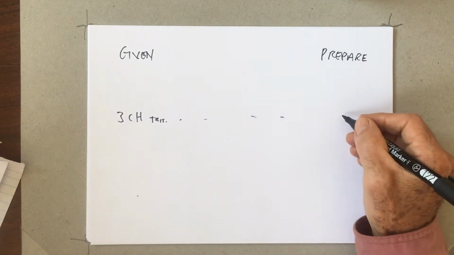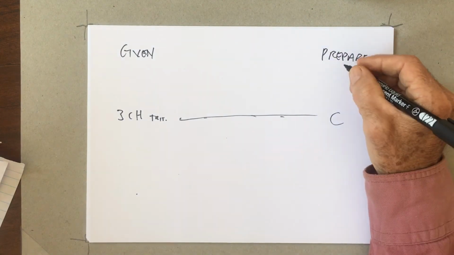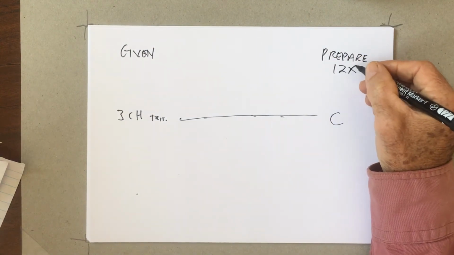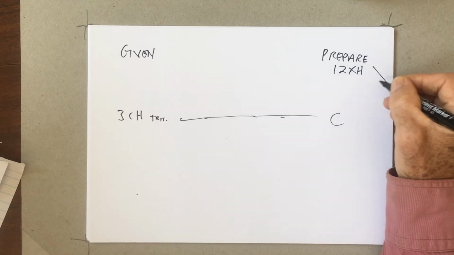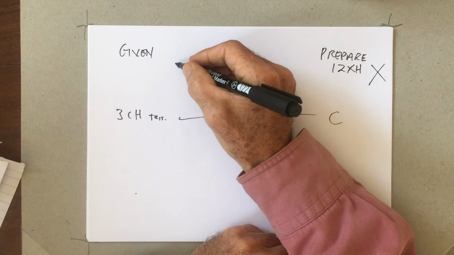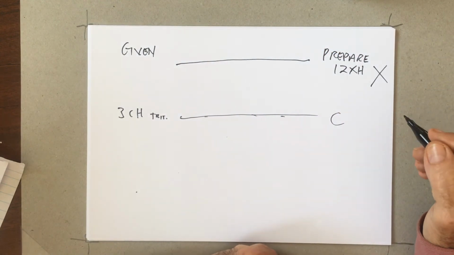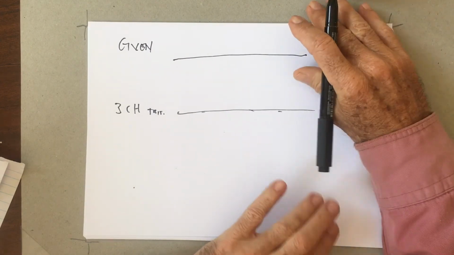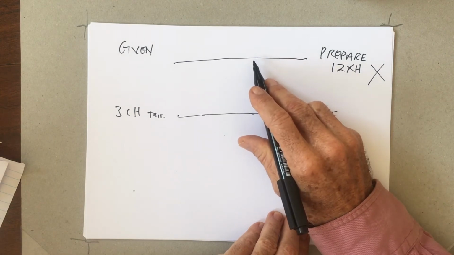This is the C scale rushing across over here. But we are asked to prepare something in the form of 12XH. And this is obviously on the X scale. This is the X road over there. So clearly what we need to do is bridge and get across from our C scale over here and onto the X scale over there.